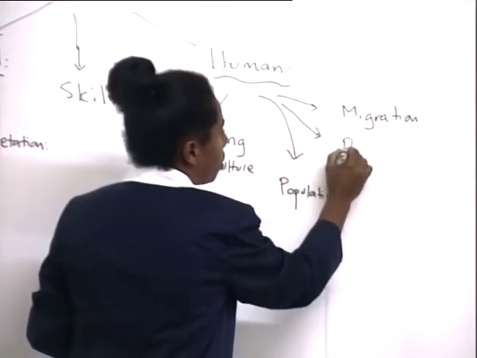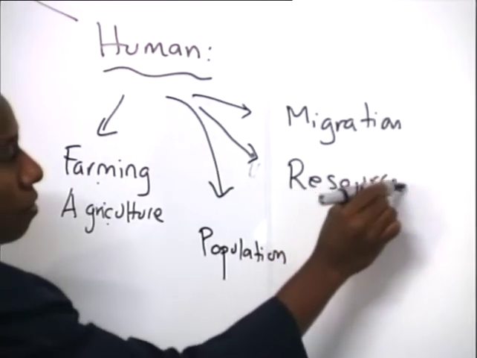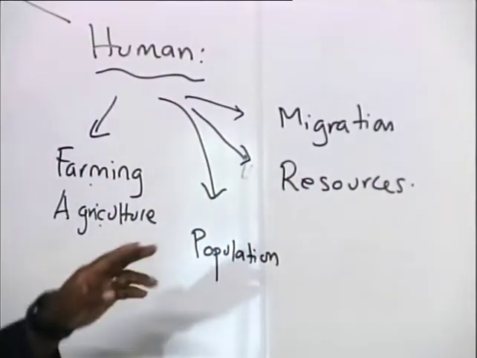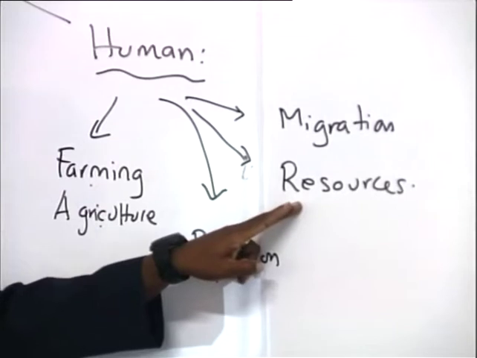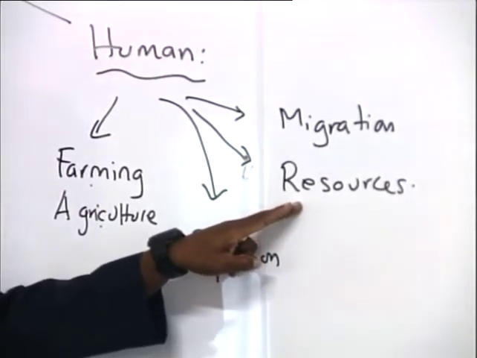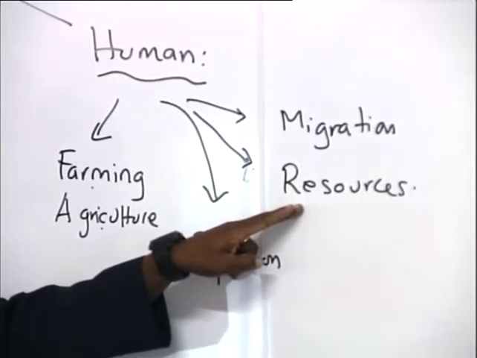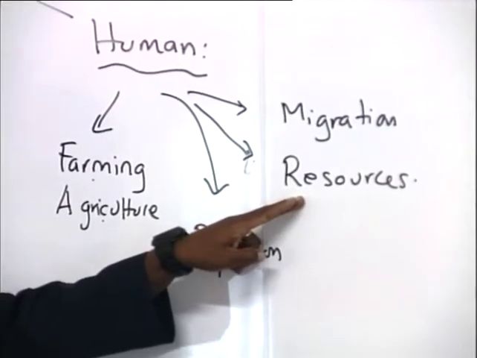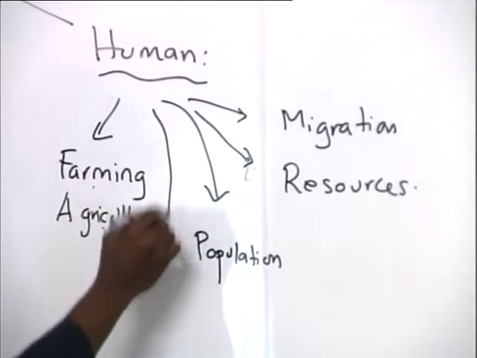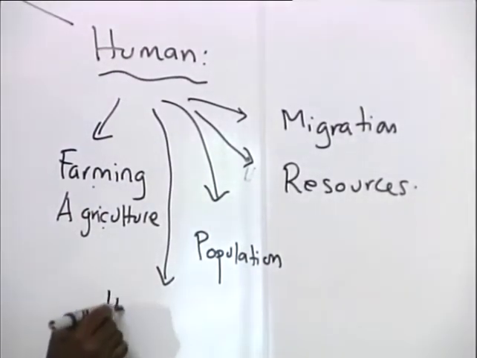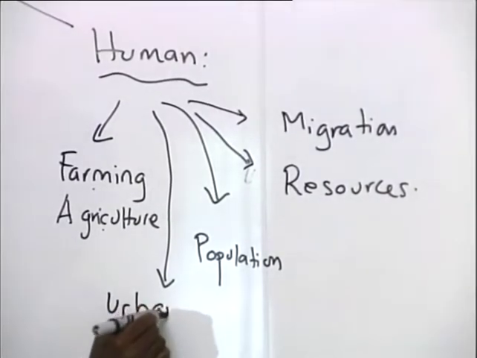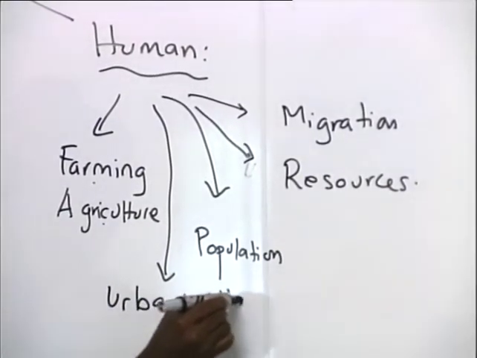Then we also have resources. For the work on resources, when we look at Java, we're going to look at, beside agricultural products that are produced on that island, whether there are other resources like mineral resources that are also available on that island and in that country. A very big topic also will be urbanization.